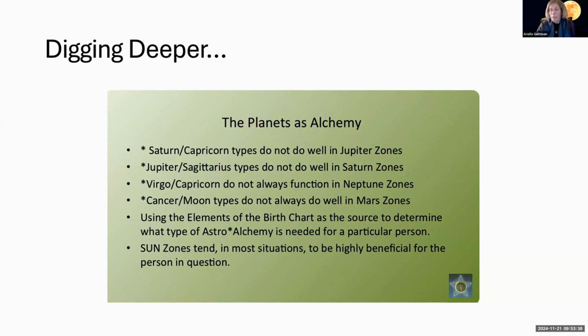And they might come back and say, I hated it there, you know? But then again, Jupiter Sagittarius types do not do well in Saturn zones. Again, you're mixing and blending other aspects of the chart.